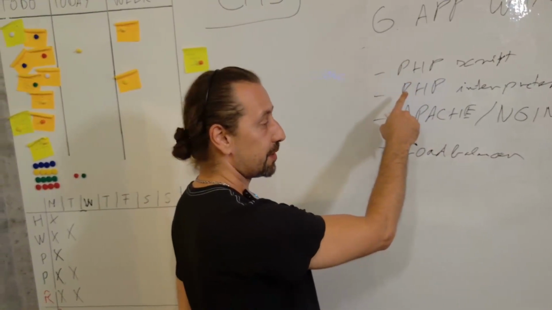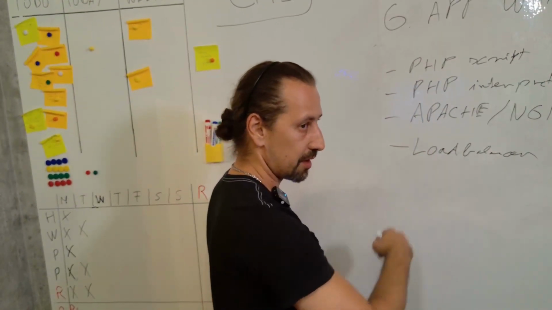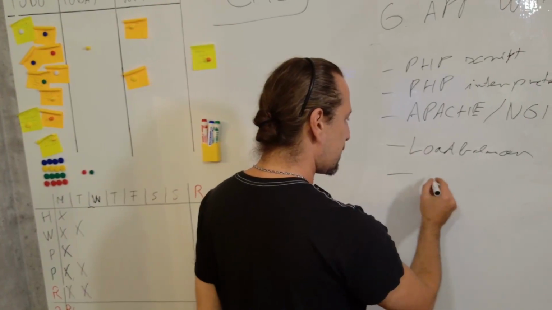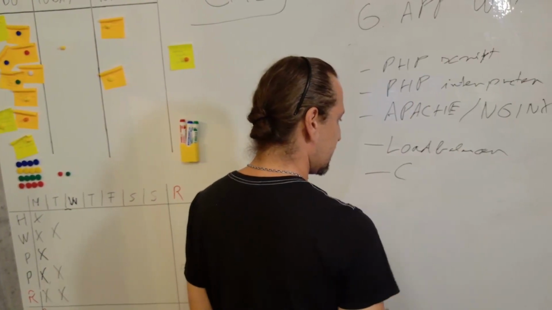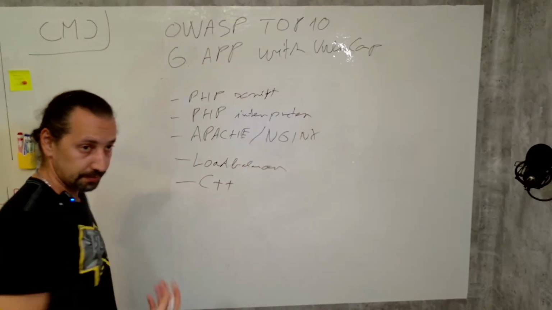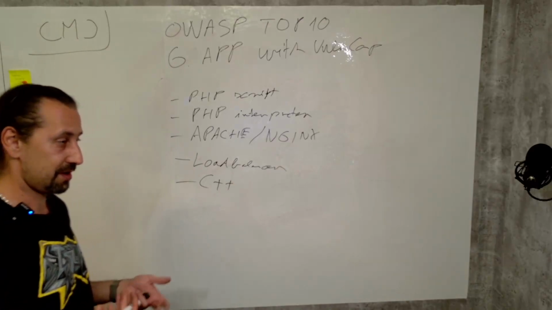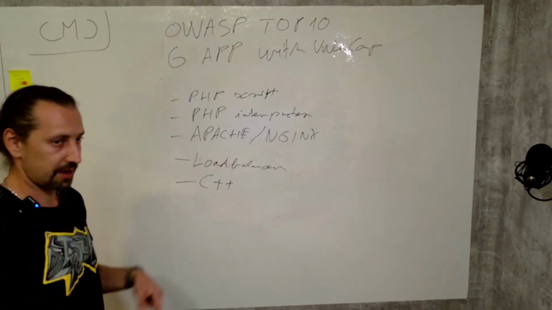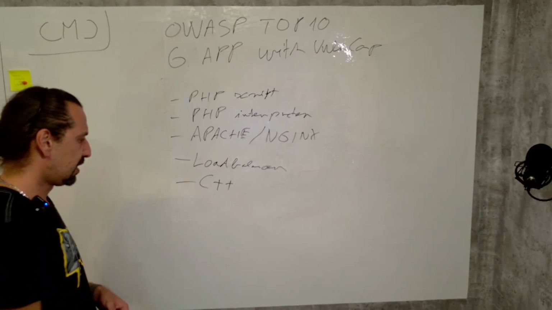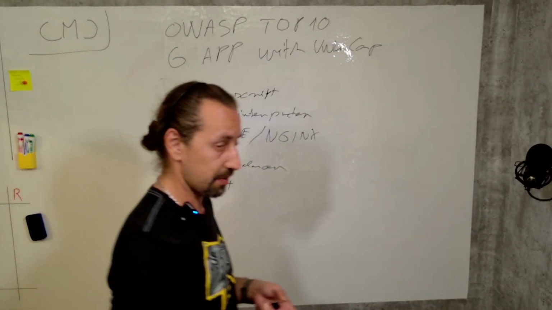So it's a script, it's an interpreter, a binary, another service, and they are usually running C or C++ code, because services are usually written in C++ or other kinds of languages. And on the server there are many other applications available.